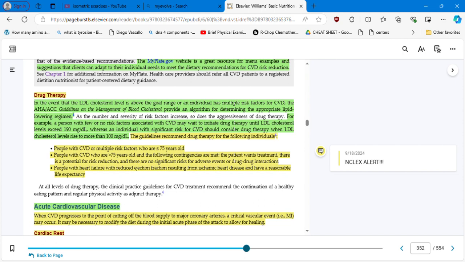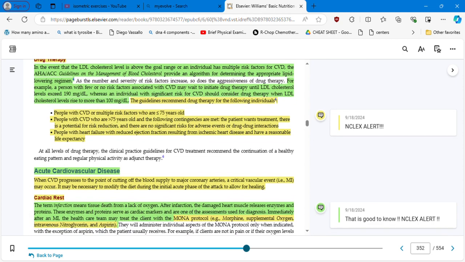Okay. The guidelines recommend drug therapy for the following individuals: people with CVD or multiple risk factors who are less than 75 years old. Multiple risk factors: smoking, obesity, heredity.